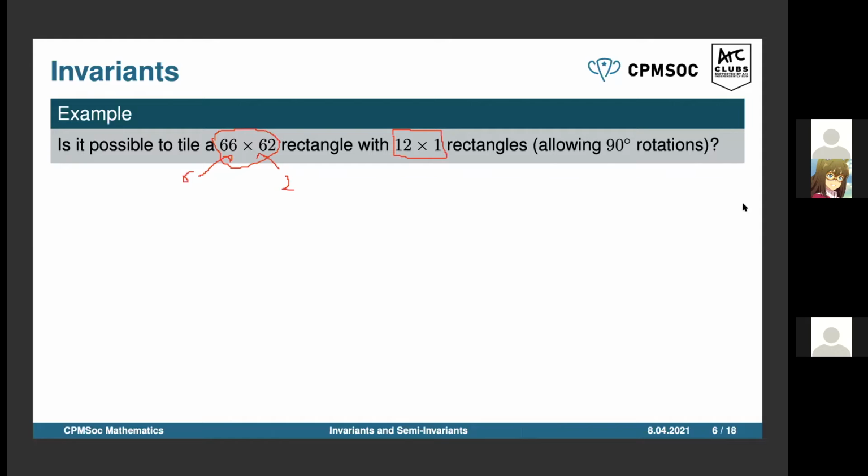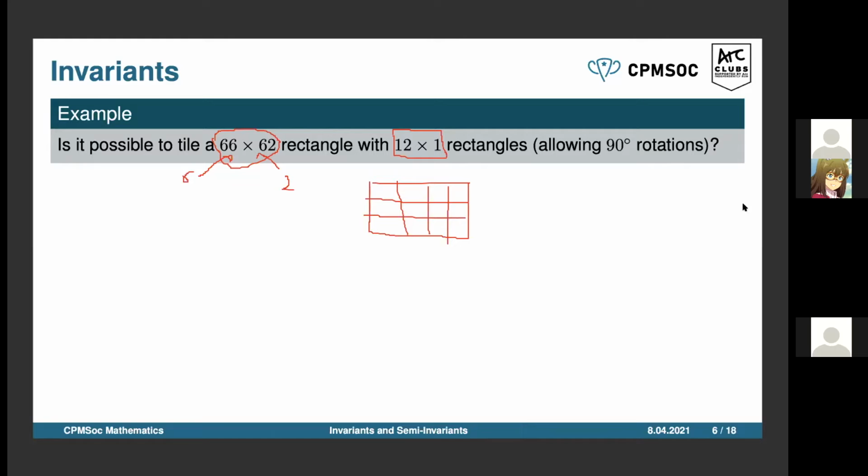So an example would be 3 times 4. So 3 times 4 is going to be divisible by 12. So 3 times 4 is 12 squares. However, you can't fit a 12 by 1 rectangle in a 3 by 4 rectangle.